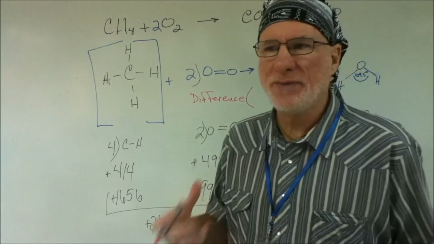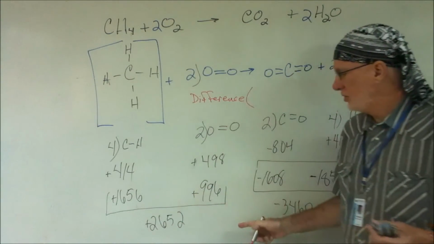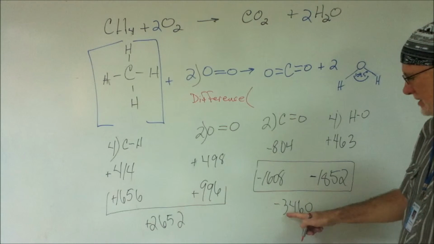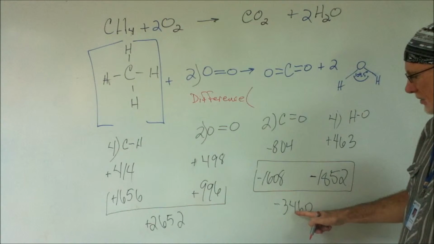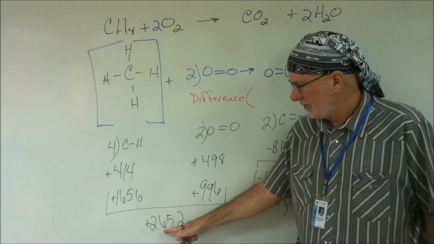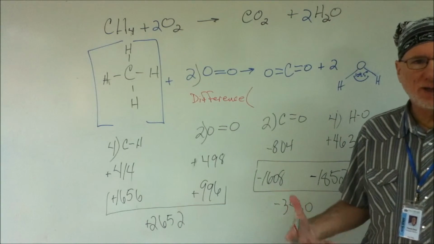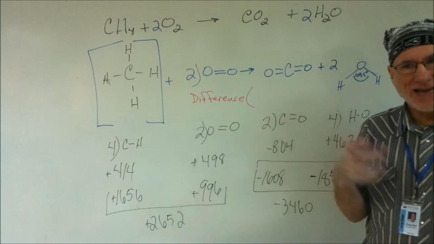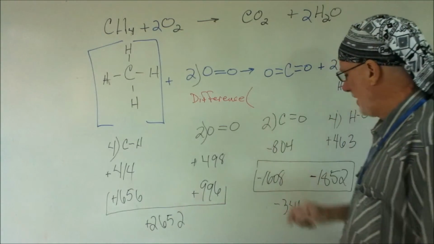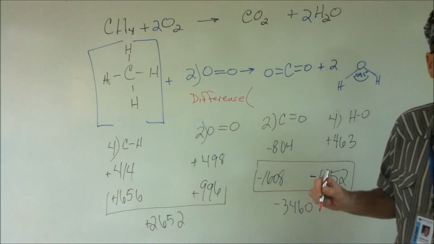You want to know what the difference is, and you do it by inspection, really. So this is going to be negative 3,460, and that's going to be positive 2652. So if you combine them and find the difference of the two, what do you come up with? 808.